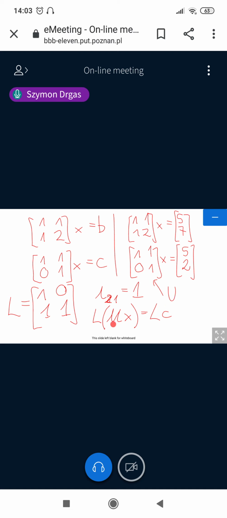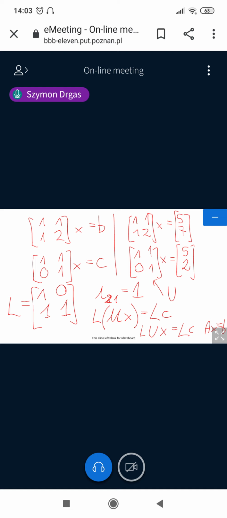If we do this multiplication, then we obtain LU x equals Lc, and this is the same as Ax equals b. And yes, I will try to come back to this LU decomposition later, so you can treat it as an introduction, and I will try to explain it in a more detailed way.